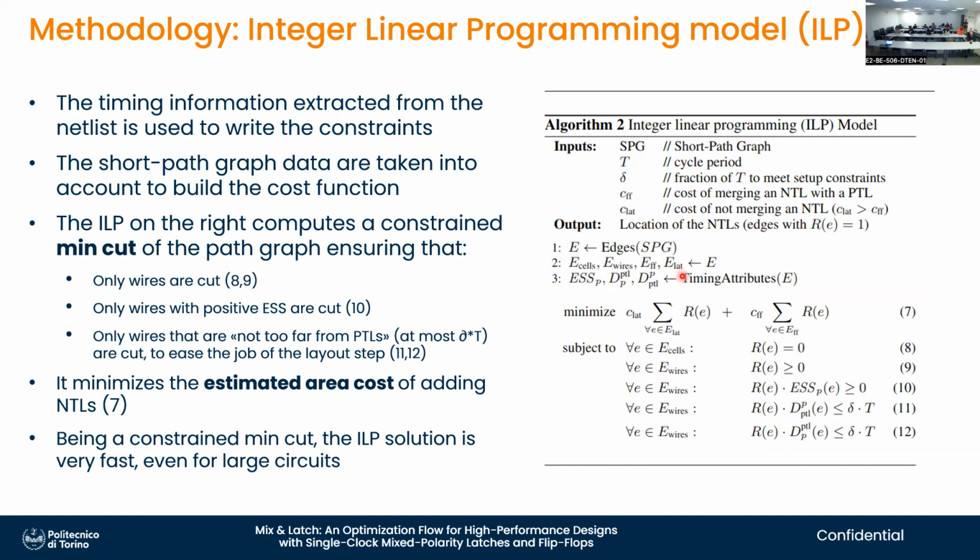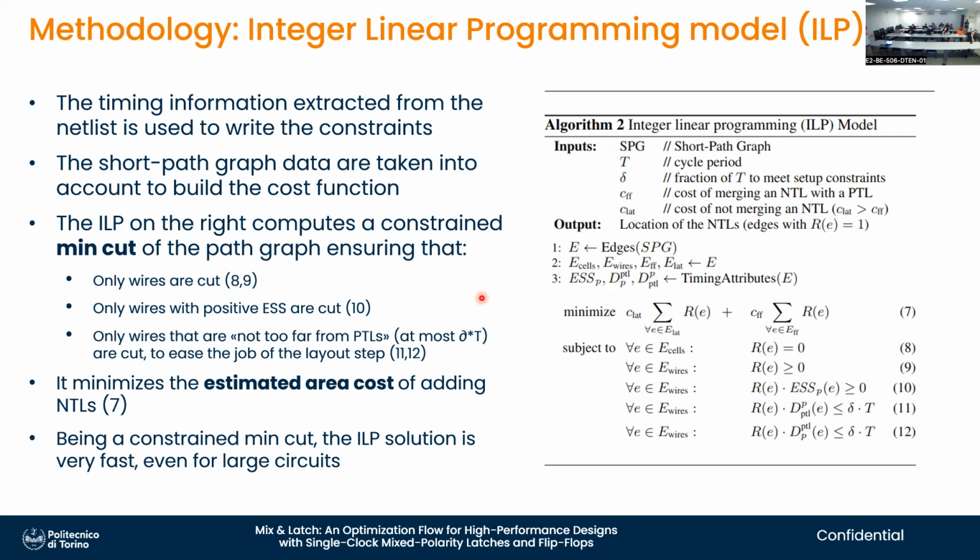It is an integer linear programming formulation. We picked it because it is very flexible, very easy to model all the various aspects. So we represent as linear constraints essentially all the constraints that I was mentioning, namely only connections from gate to gate can be slowed down. We cannot insert a latch in the middle of a gate. It's impossible physically, or it requires a completely different technology gate implementation.